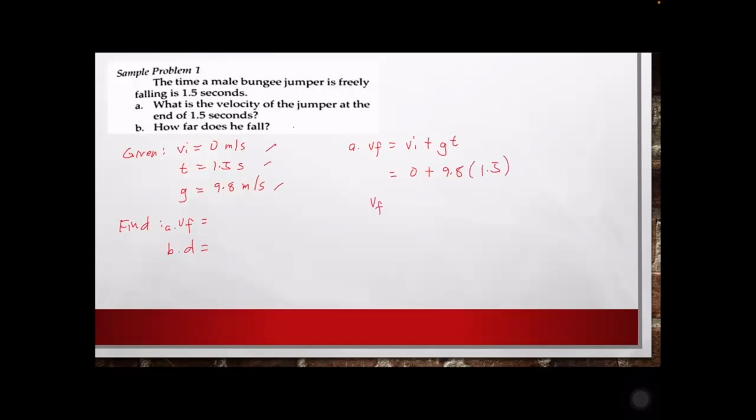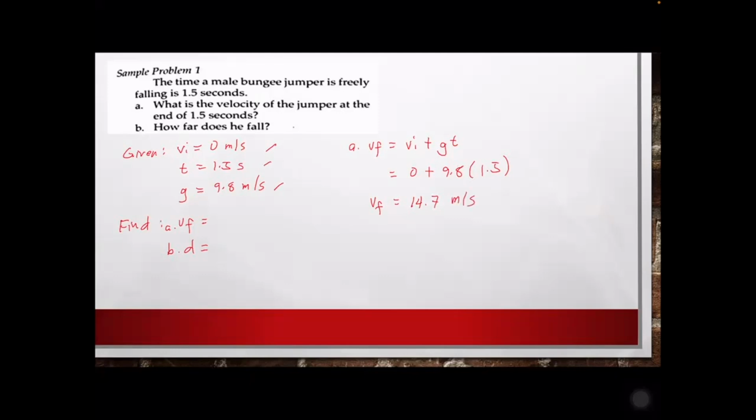What will be the answer? 0 will still be 0, so you just have 9.8 times 1.5. The answer is 14.7. So 14.7 meters per second.